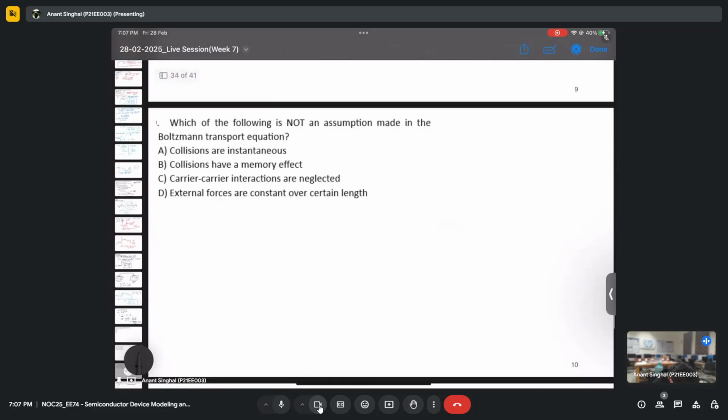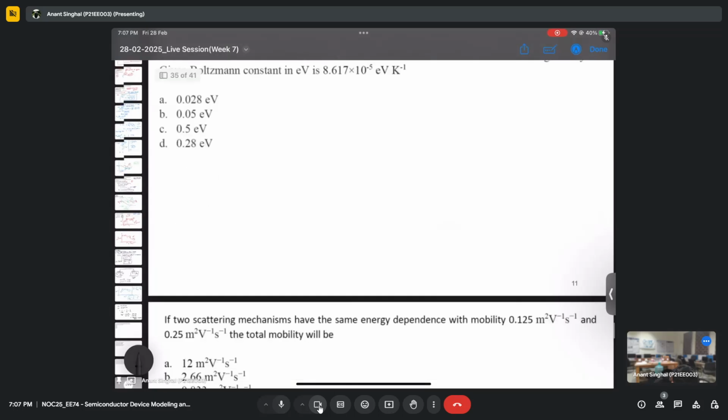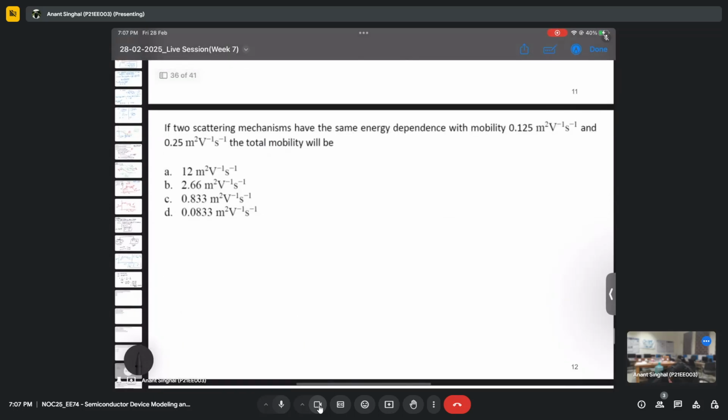So there is one more problem, I guess. Again, we have a similar problem. Try to do this and let me know the answer in 2 minutes. We have the first mobility as this, the second as this. So what will the total mobility be? Take 2 minutes and let me know the answer quickly.